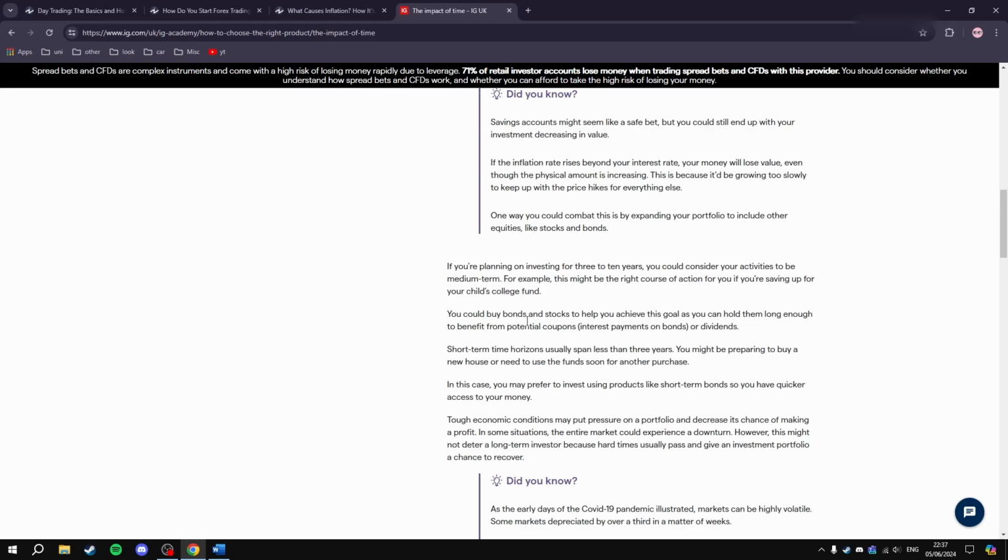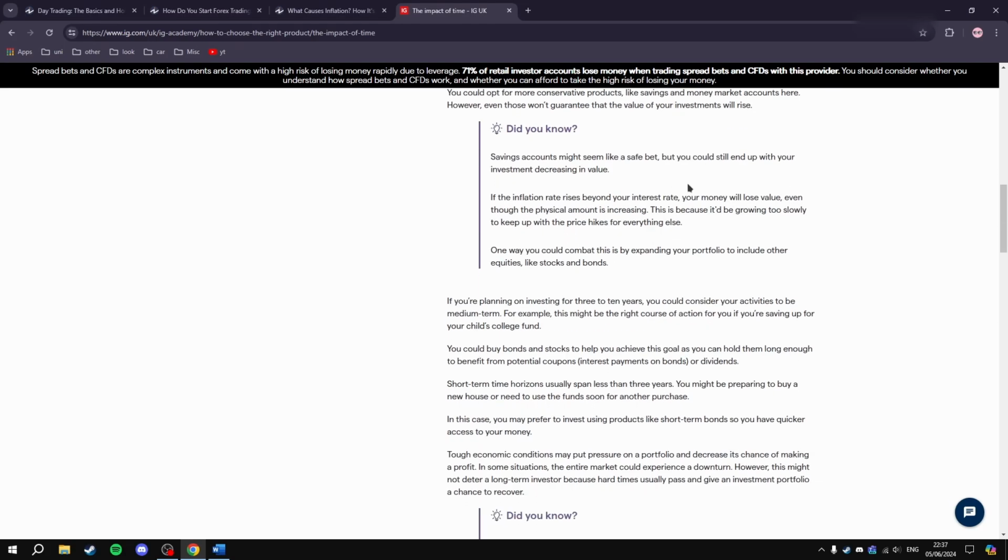One way you could combat this is by expanding your portfolio to include other equities like stocks and bonds. So that's really good advice here.